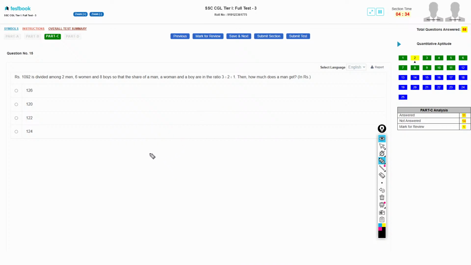Divided among two men so that share of a man is 3, multiple of 3. Not this, not this. So total share is 1092 upon 6 into 3.